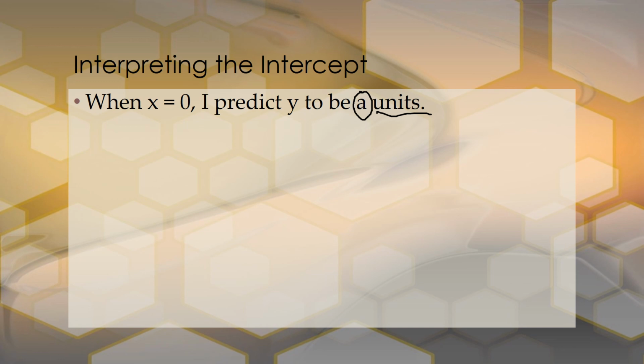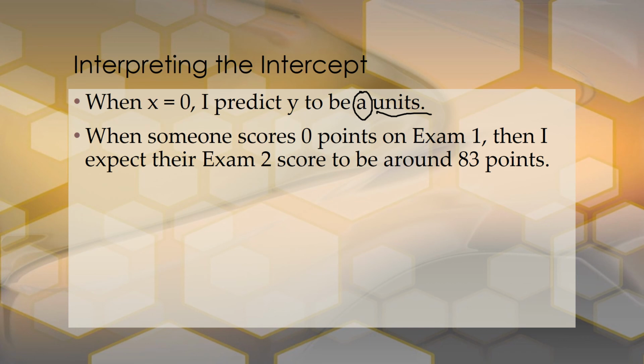In this case it's in test points. That's our unit for this example. So we can say that when someone scores 0 points on exam 1, I expect their exam 2 score to be around 83 points. So that's just for this example.